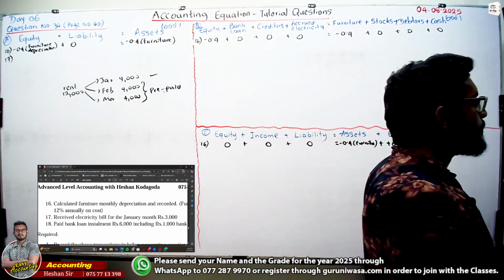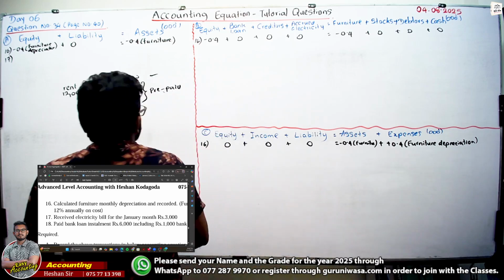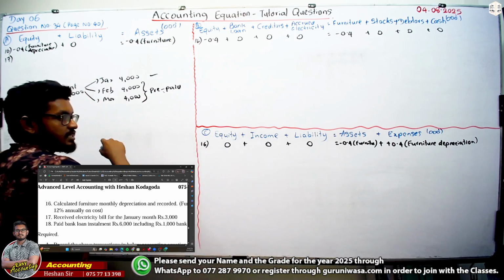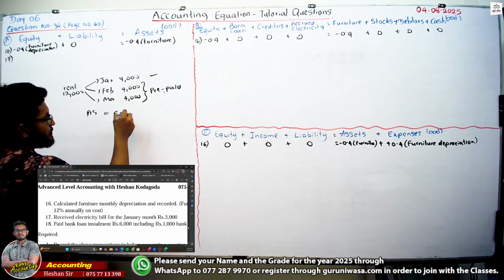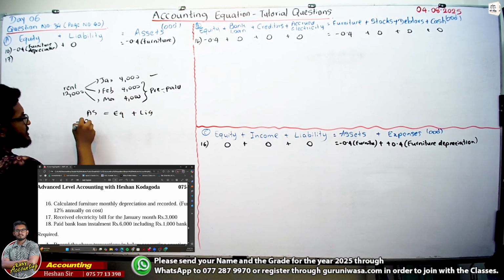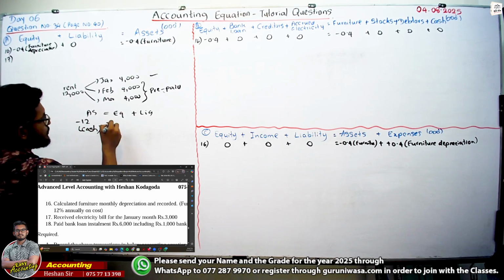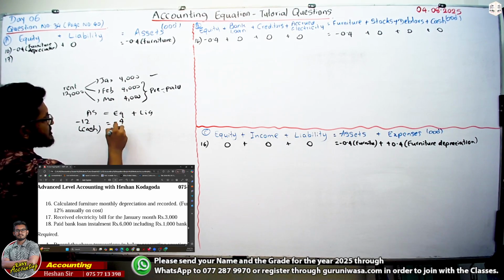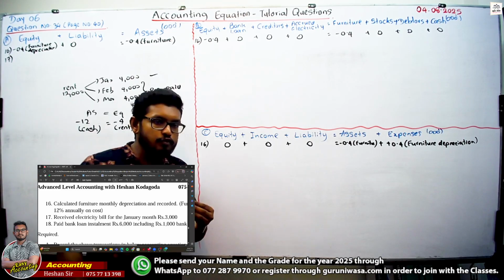Can you hear me, guys? Upcoming months. If I write it in here, assets equal equity plus liability, totally cash decreased by 12,000, right? Equity decreases 4,000 as rent, because we can record only the rent relevant for this month, January.